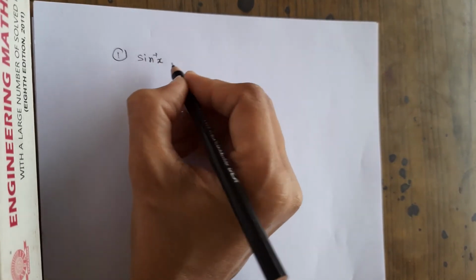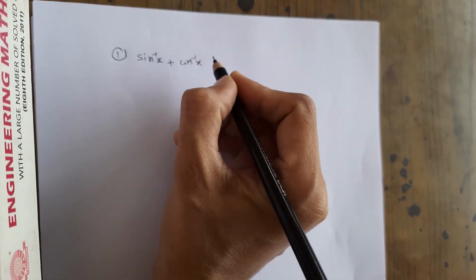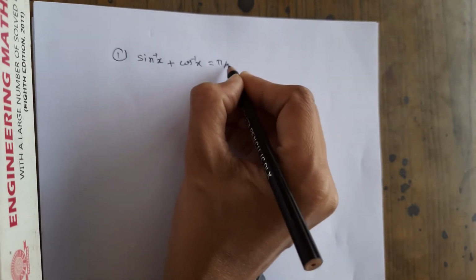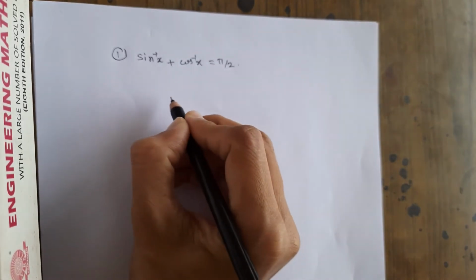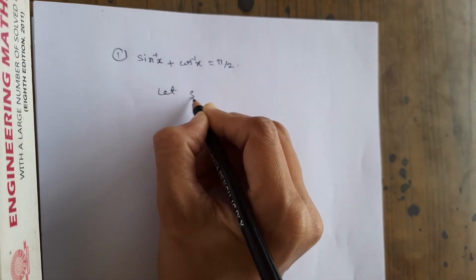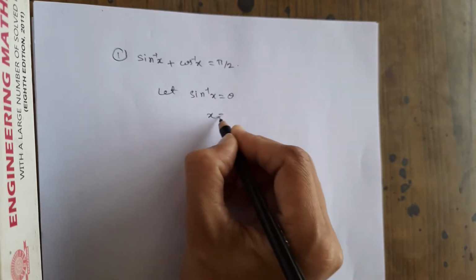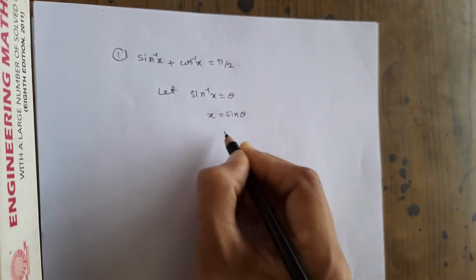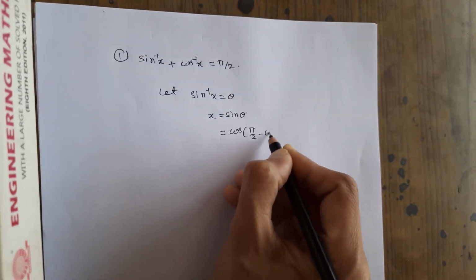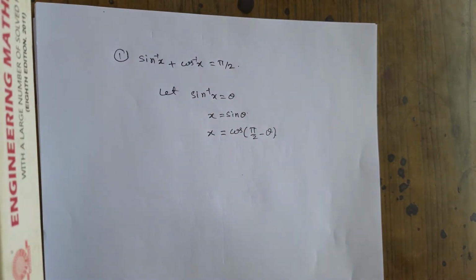So I am trying to prove sin inverse x plus cos inverse x equal to pi by 2. Let sin inverse x equal to theta. So by definition x equal to sin theta, and sin theta is nothing but cos of pi by 2 minus theta. This is the value of x.